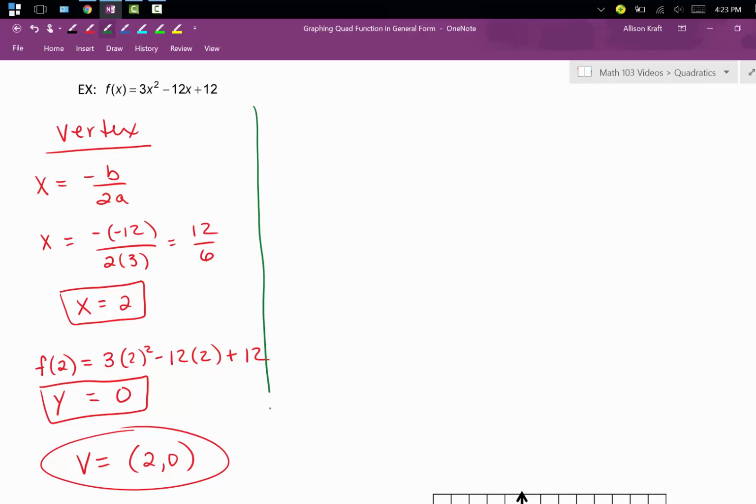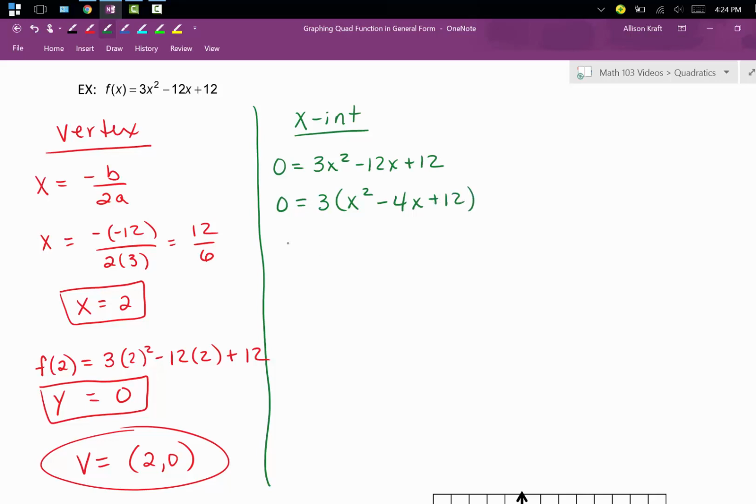Next, we want to find our x-intercept. To find any x-intercept, we always let y be equal to 0 and then solve for x. You can solve this quadratic equation however you like. I like to factor. I'll start by factoring out a GCF of 3, leaving us with x squared minus 4x plus 4.